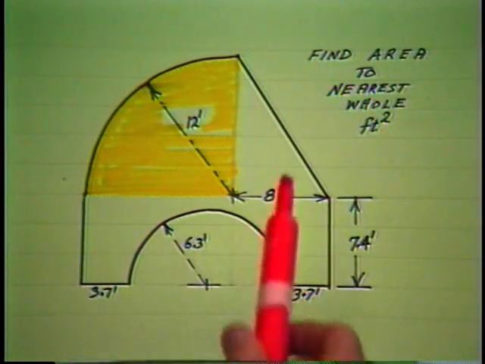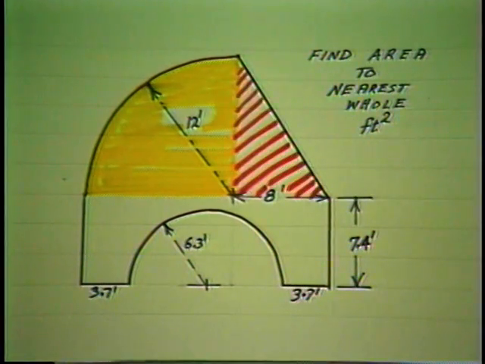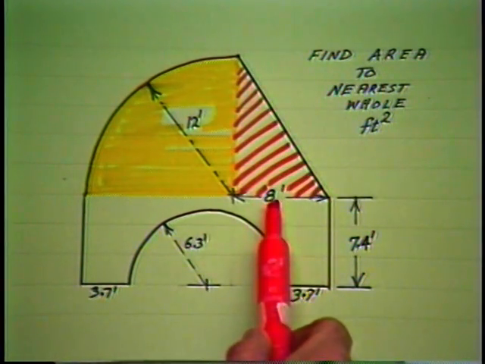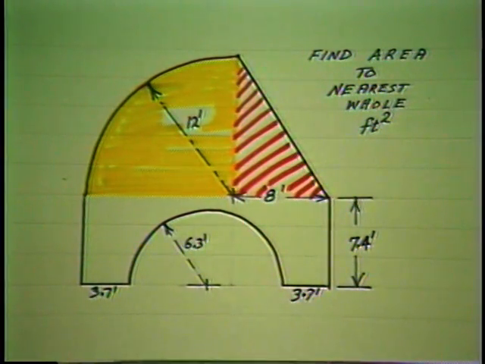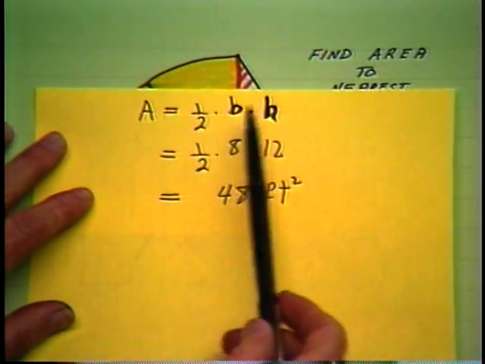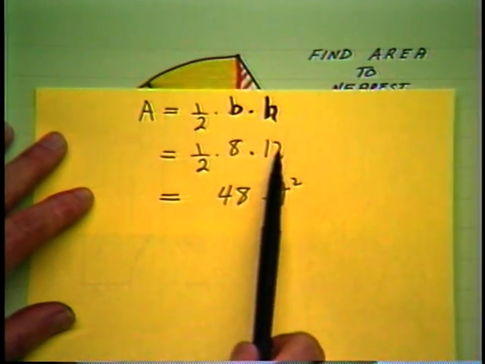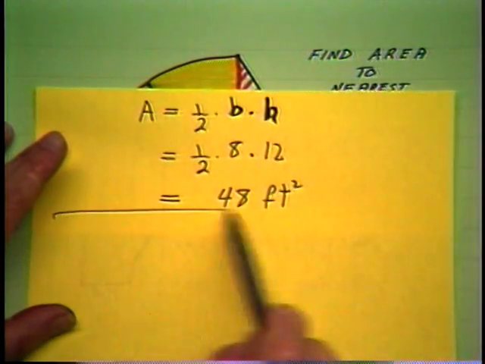Now what's next? Perhaps to add in that area of that small triangle. We can see that its base is 8 foot, and since that's a right angle there, we can see that its altitude is the same as the radius, or 12 foot. And that's easy. So quickly, the area was 1/2 base times height. That's 4 times 12 is 48 square feet. So that part was easy.